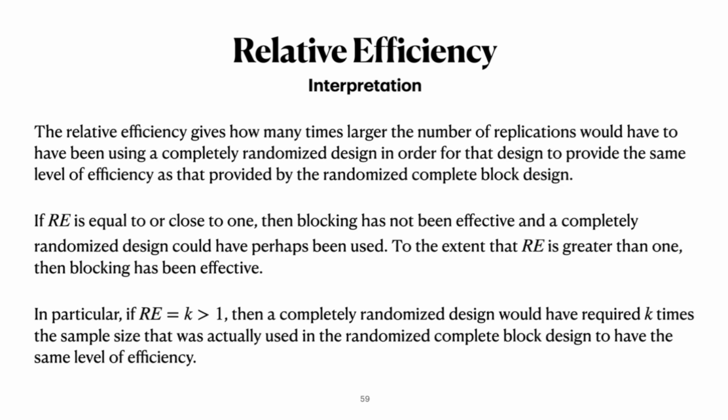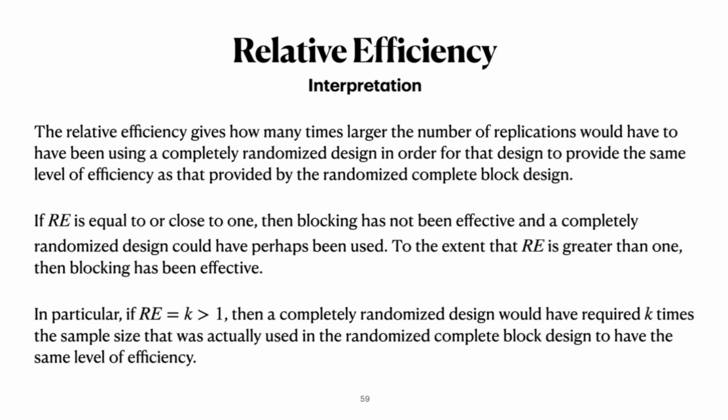All right, so we're going to consider the situation where K is greater than 1. In that situation, a value of K, the relative efficiency, greater than 1 tells us that a completely randomized design would have required K times the sample size that was actually used in the randomized complete block design to have the same level of efficiency as that RCB.